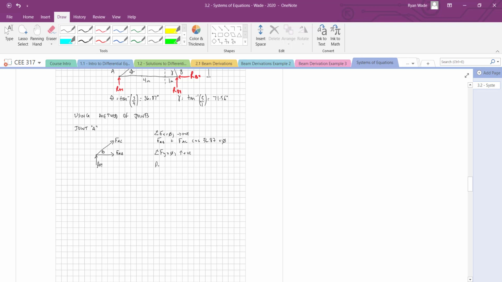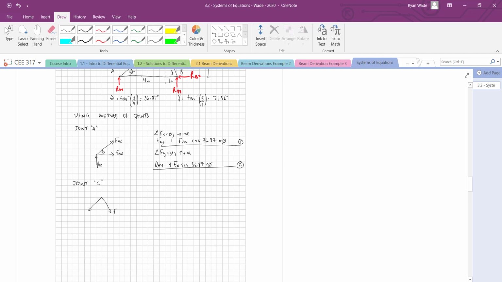So I've got RAY plus FAC times sine of 36.87 is equal to 0. So I'm going to label these as equation 1 and equation 2, and I'm just going to continue along. So joint C I'll do next, I think. C is going to look something like this.